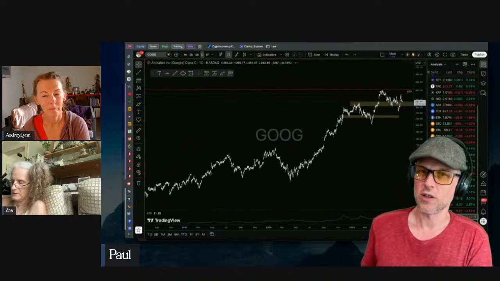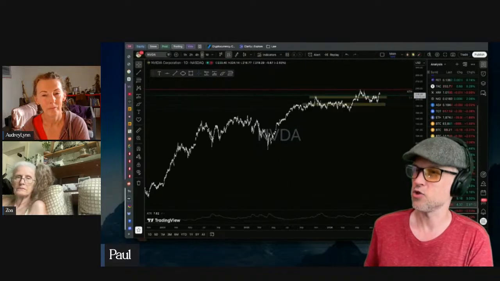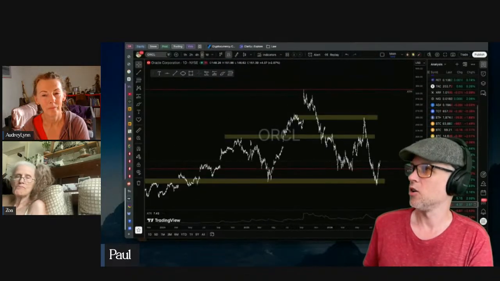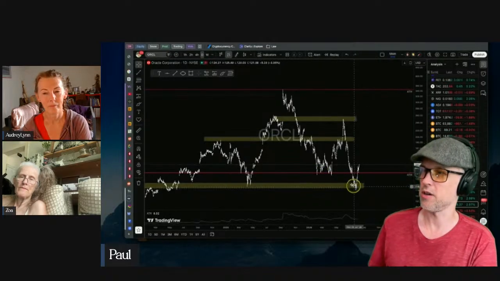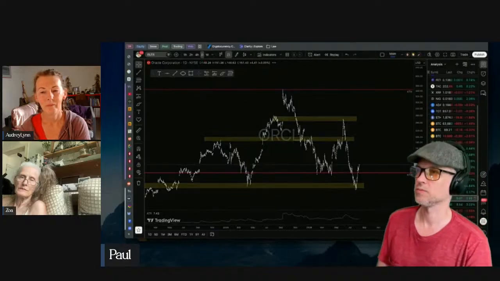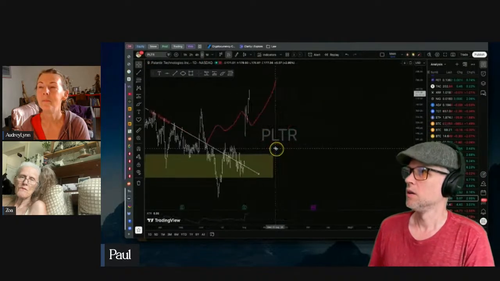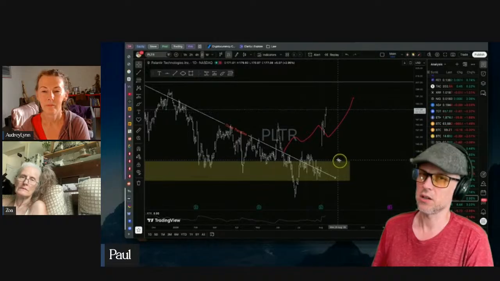I'll just quickly scan through. These are the tech markets here. Things are pretty much the same. Oracle is still trying to recover from its big drop over the last 8 or 9 months. Palantir last week got a big jump.